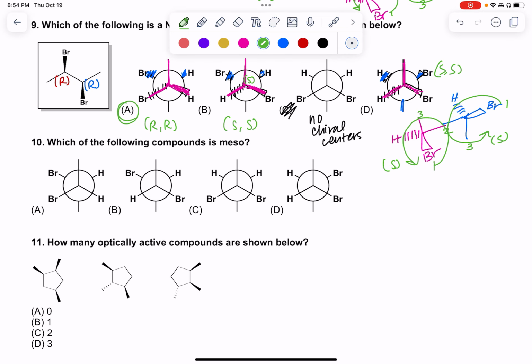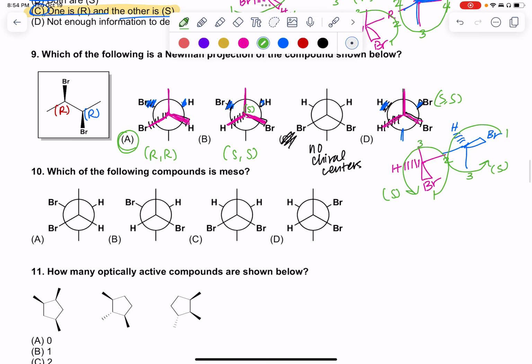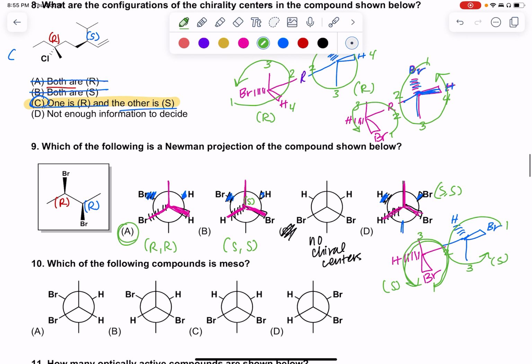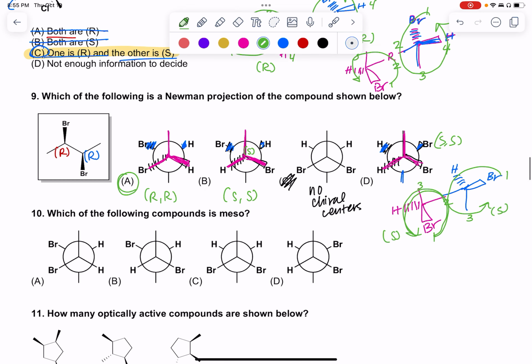Which of the following compounds is meso? Well, lucky us, we literally just did this in the last problem. Is this actually S? Yes. Okay, sorry, I'm just checking my work here. And this one is S, and this one is S. Okay. Something seems wrong about these.